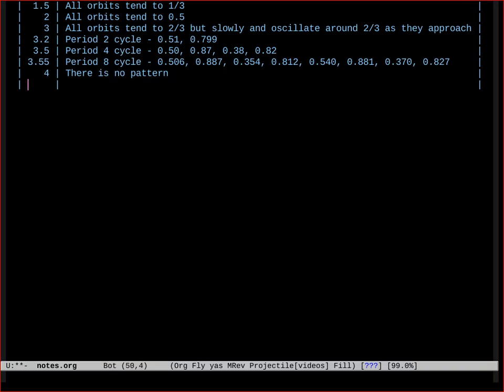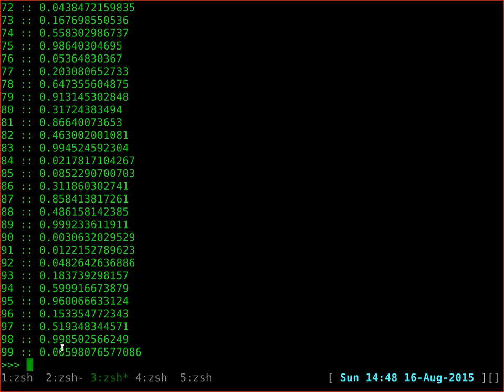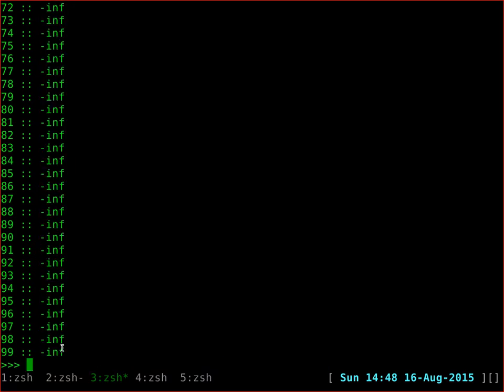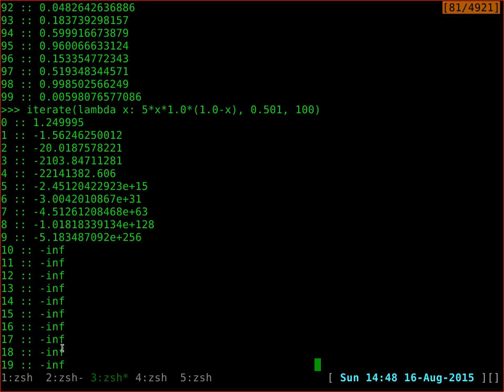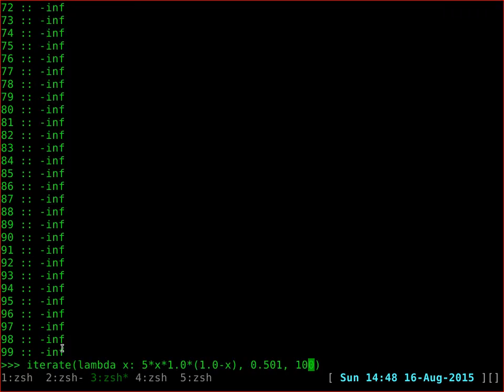So with 4, there is no pattern. If you go beyond that, let's just take 5, and let's take 0.5 or something. It goes to infinity after a while. Just 9, 10 iterations.